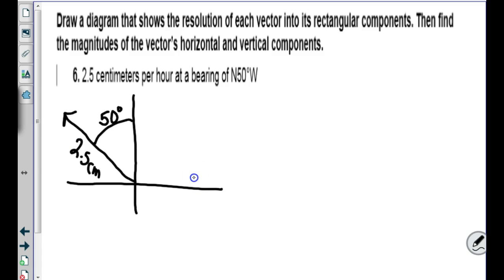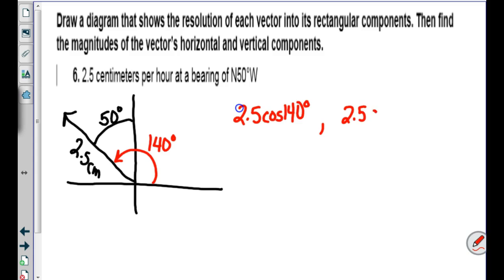So if I want to use component form, what do I have to do? Yes, because I have to have the angle off the positive x-axis. So 90 plus 50 is 140, so I'm going to type 2.5 cosine of 140 and 2.5 sine of 140. And it should come out again negative positive because of the quadrant we wound up in.